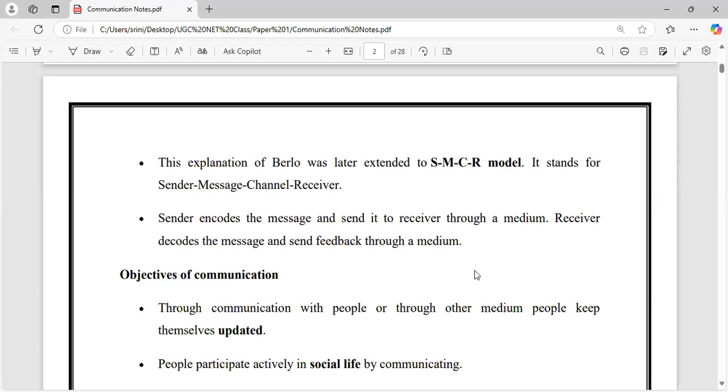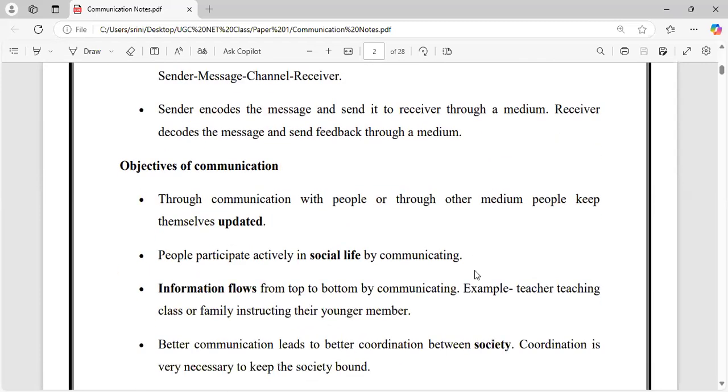Decoding means the receiver receives the information, but how he conceives the message may differ due to barriers, cultural differences, language differences. So the decoding can differ from the encoding.